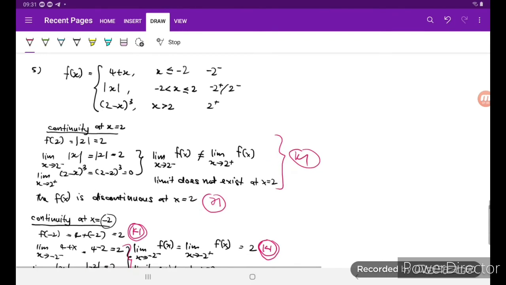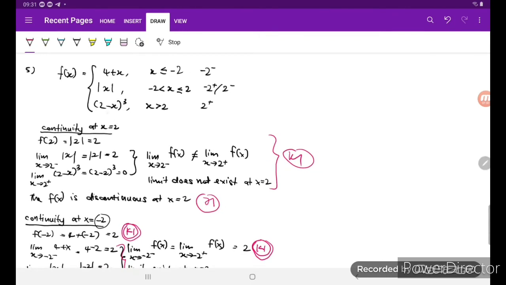For continuity at x equals to 2, this 2 then you get K1, and then we state that fx is discontinuous, we get G1. So altogether 5 marks for the first part of the question.